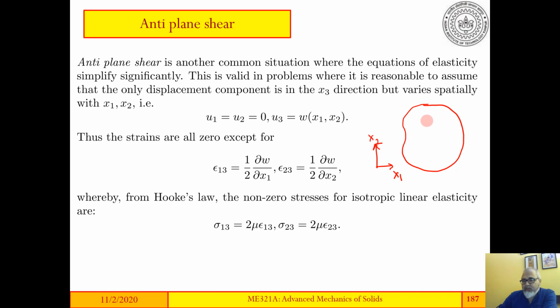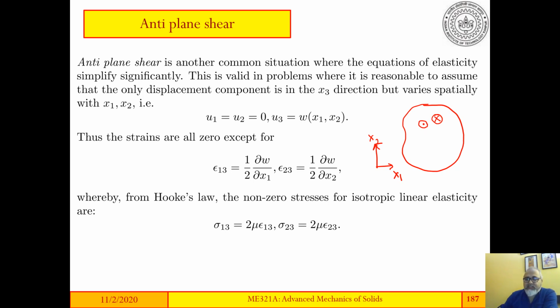Think of the displacement field at a point, and the displacements are such that we can assume that u1 and u2, the in-plane components, are both equal to 0. But the out-of-plane component is either coming out of the plane or at some points going into the plane. So this is like either coming out towards you or going in away from you, perpendicular to the plane of the slide.